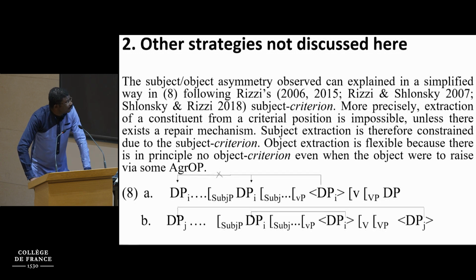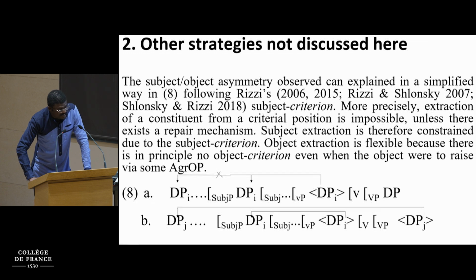Okay, actually, this subject-object asymmetry can be explained along the lines of the subject criterion proposed by Rizzi and Shlonsky and other works on criterial freezing. We can express it informally in 8, where you can extract the subject from the VP to the subject position, but you can't extract it again because of the subject condition.